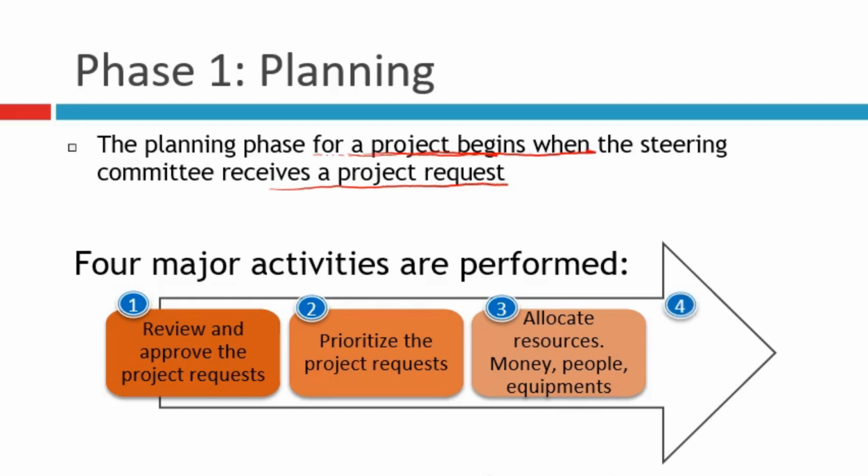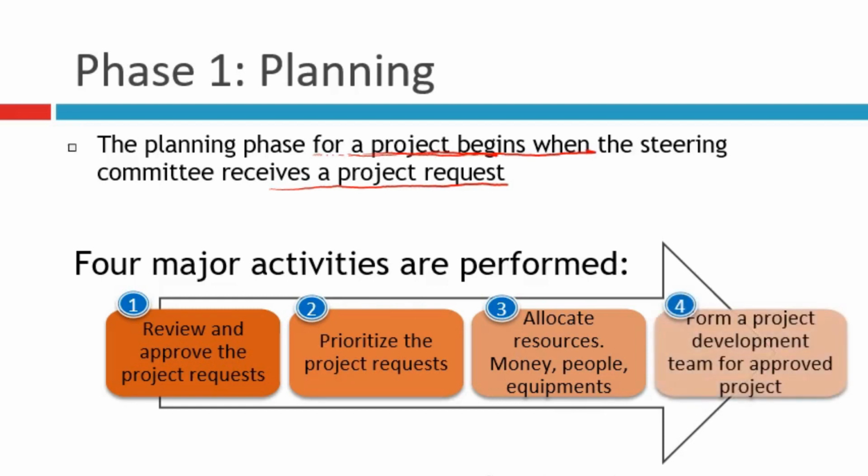And of course, the last activity is form a project development team for the approved project. So these are the 4 activities that need to be decided by the steering committee.